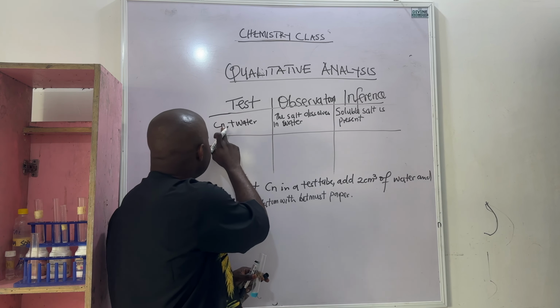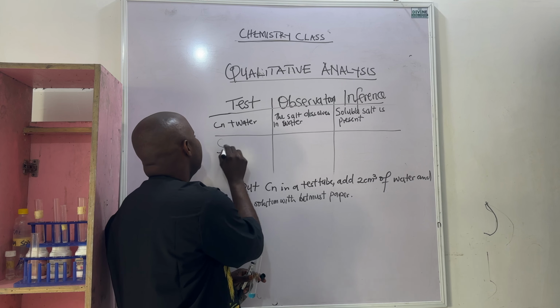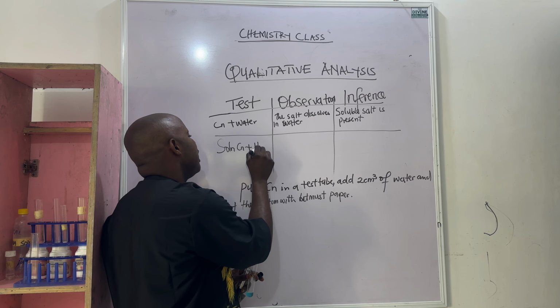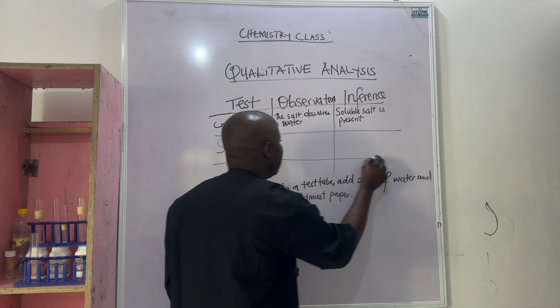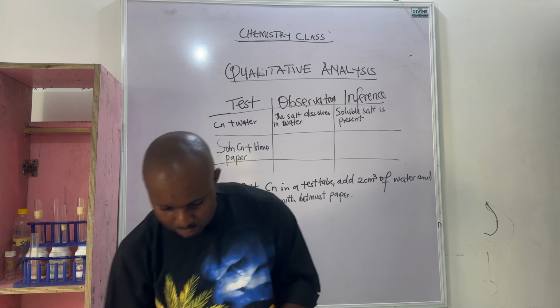So now the Cn has automatically become a solution. We say solution Cn plus litmus paper. Now you'll be given litmus paper, a blue and a red litmus paper, so they are going to run this test automatically.